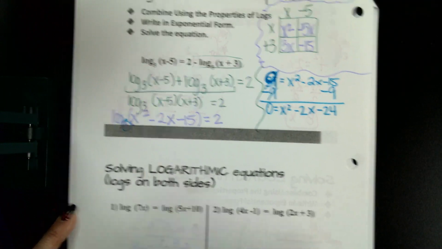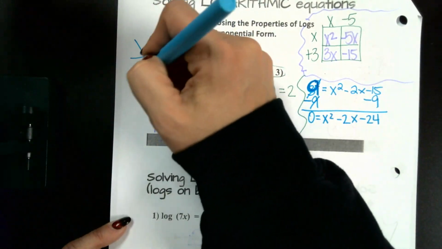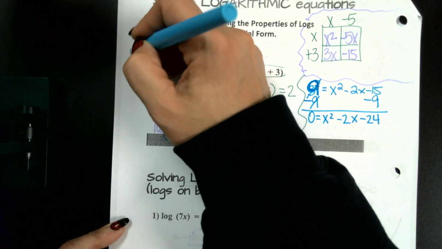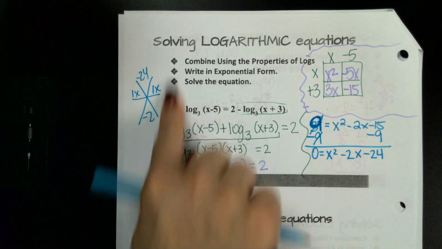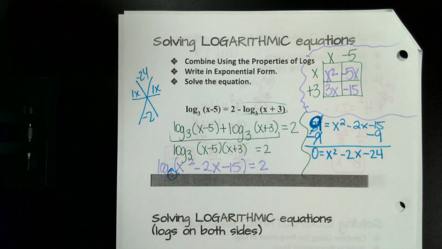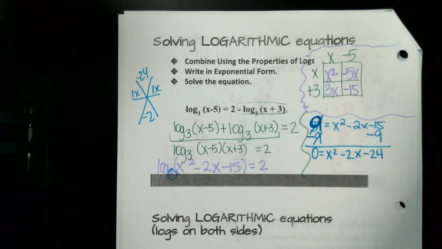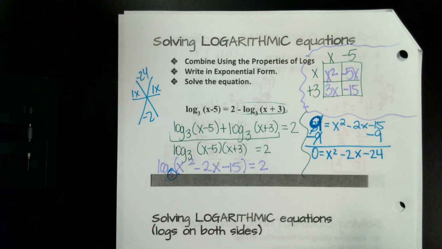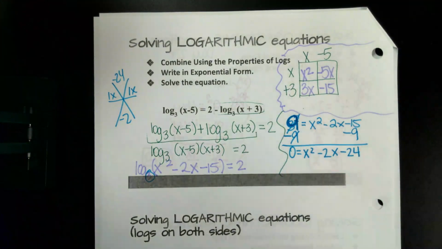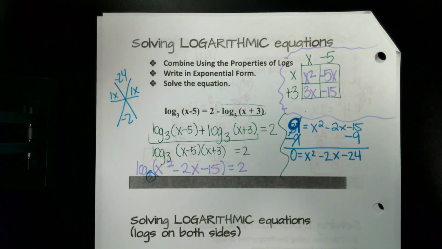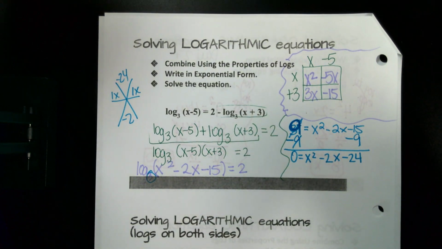So we have a negative 2 on the bottom and a negative 24 up top for our asterisk. So I just went over here to do it because I need room. What two numbers multiply to give us negative 24 but add to give us negative 2?